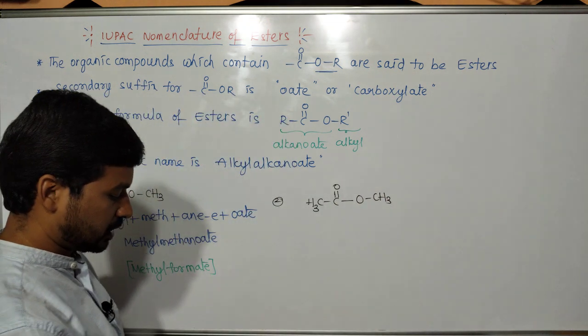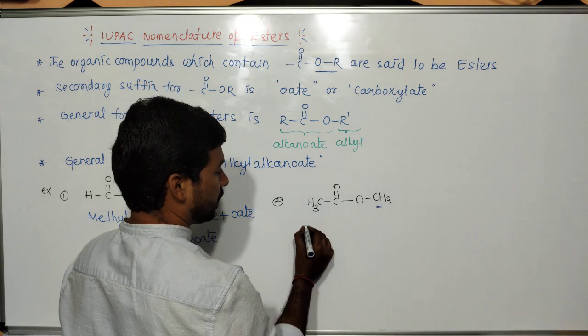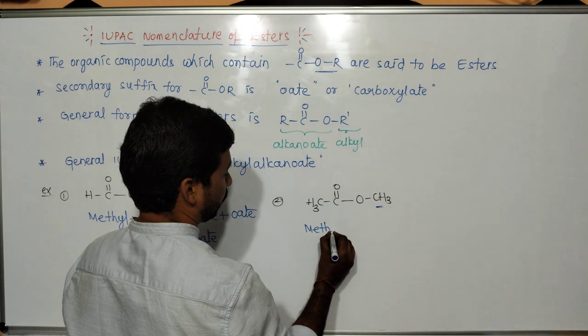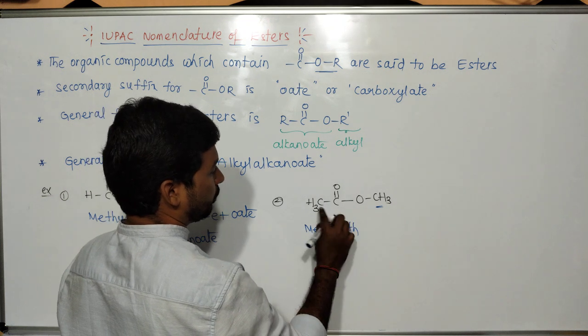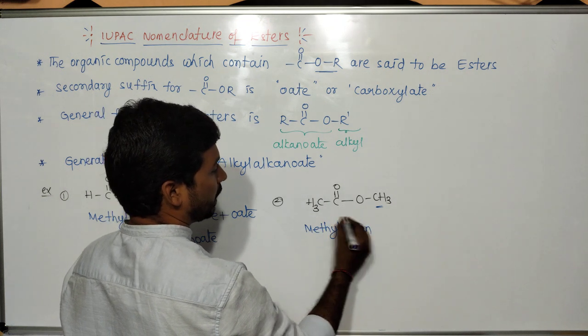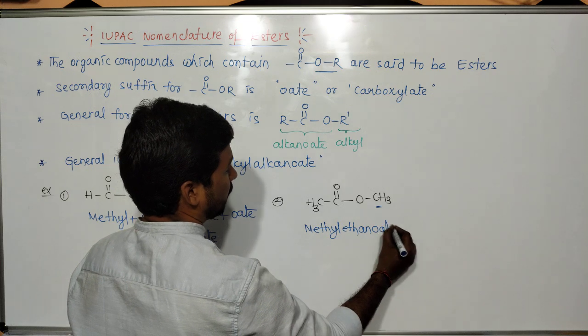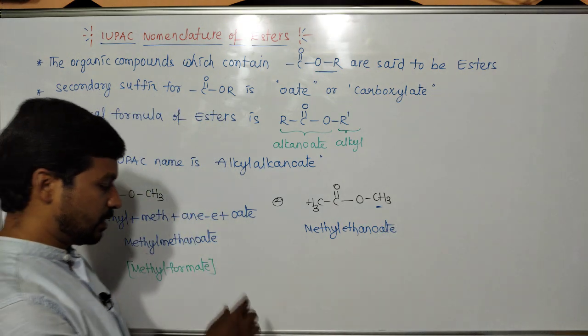For this, first write the substituent name, methyl. Here count the number of carbon atoms, 2, so eth. Between those two carbon atoms a single bond, ane, oate. Methyl ethanoate. The IUPAC name is methyl ethanoate.